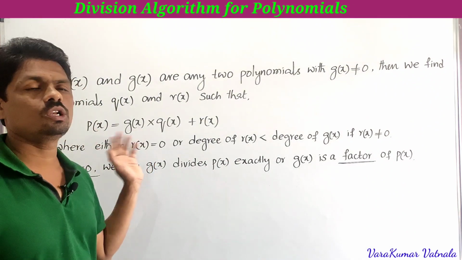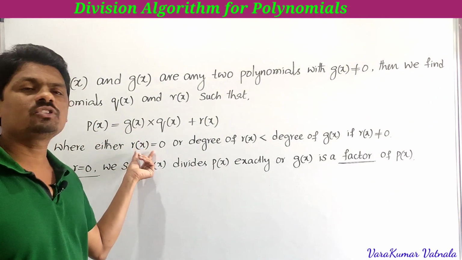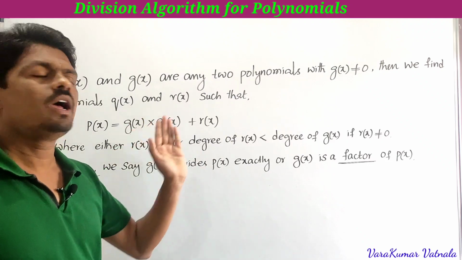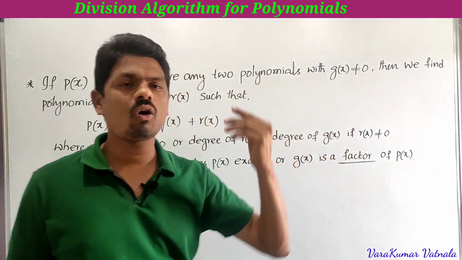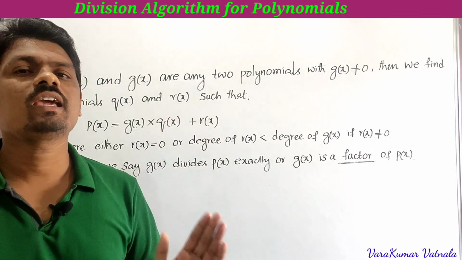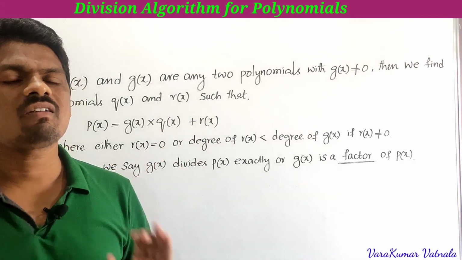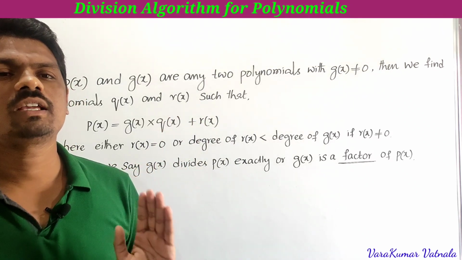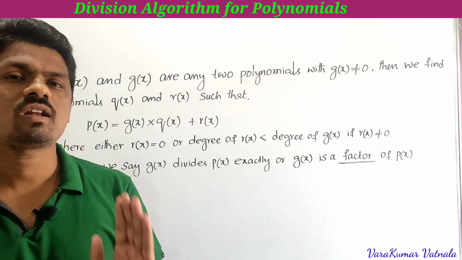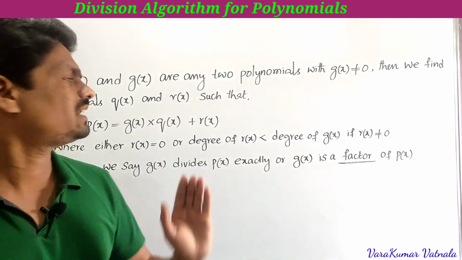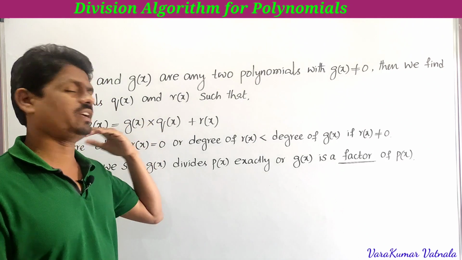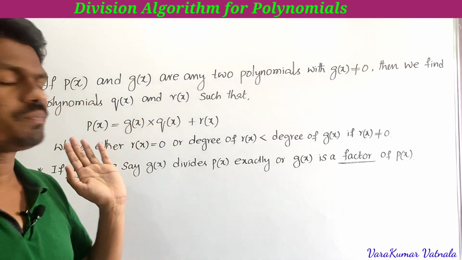Sometimes the remainder is equal to 0 and sometimes it is not. In case the remainder is not equal to 0, the degree of r of x is less than the degree of g of x. That you have to remember.